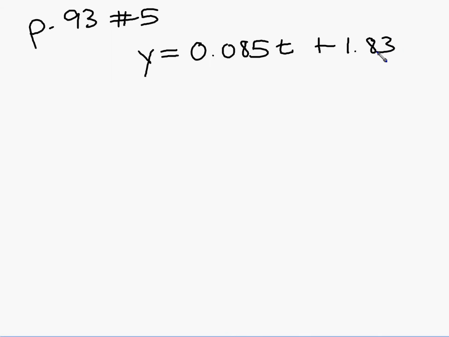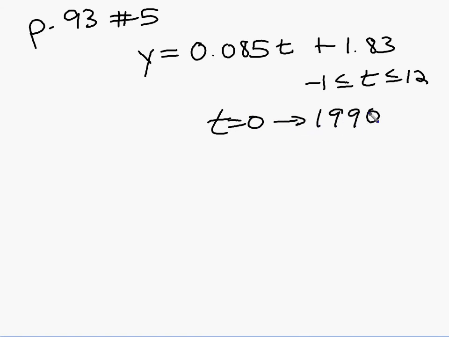There's my linear model, and then they tell you that t has to be between negative 1 and 12. That's all that says. This is the number y in millions of female participants in high school athletic programs from 1989 to 2002, where t equals 0 is 1990. That's pretty important.